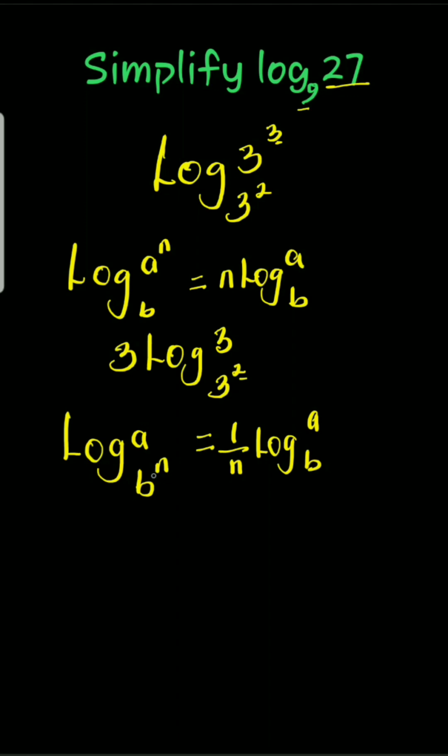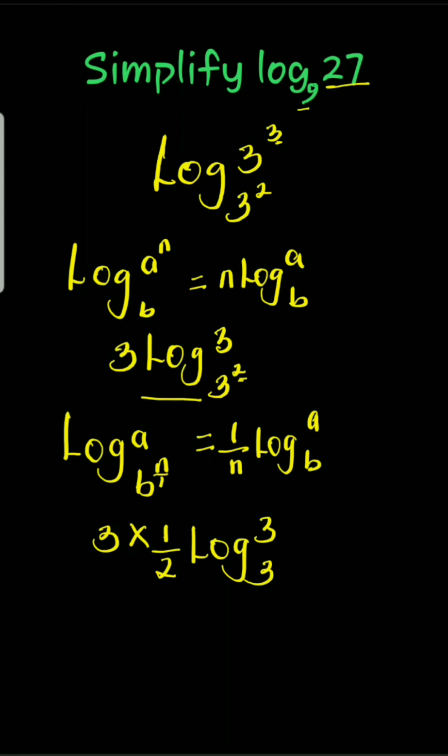The power here is n, and n is n over 1. So when you flip it, you turn it upside down, it becomes 1 over n log a base b. So applying that here, the 2 goes to the back, and it becomes 1 over 2. So this is now 3 times 1 over 2 log 3 base 3.